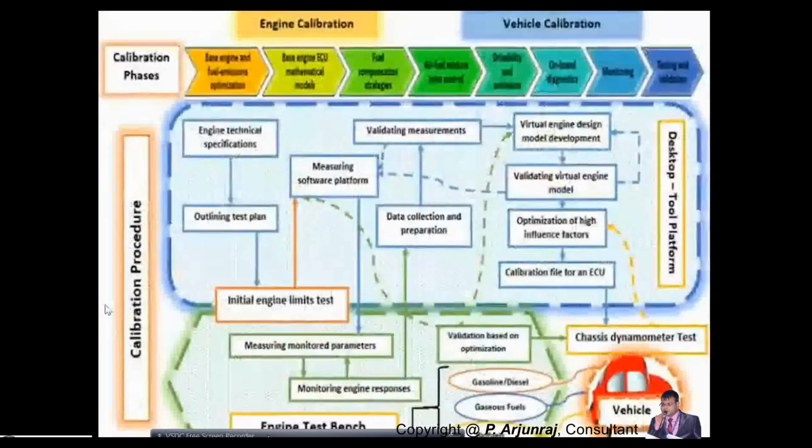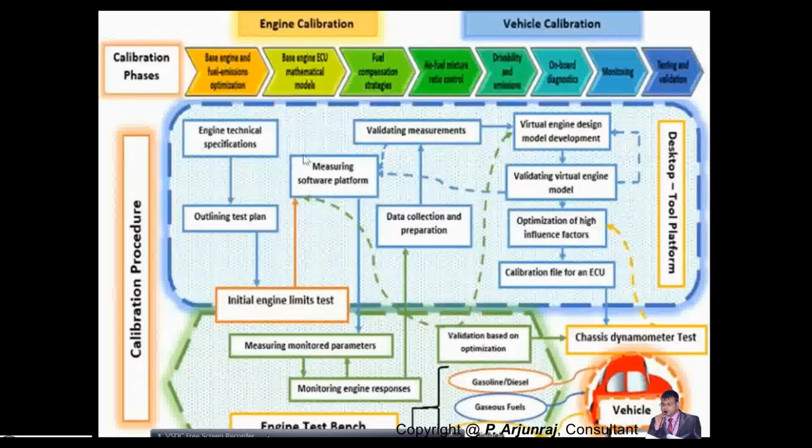You have different phases for a calibration. The calibration indicates engine calibration and also vehicle calibration. With respect to engines, we do the base engine and fuel emission optimization. Basically, it is also from the emission point of view, not only with respect to performance.